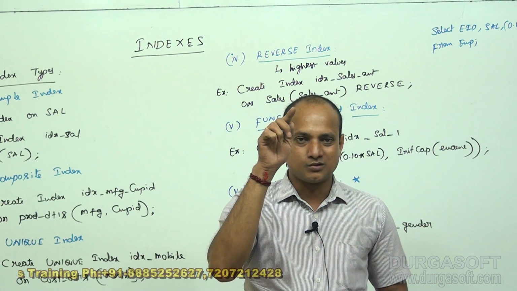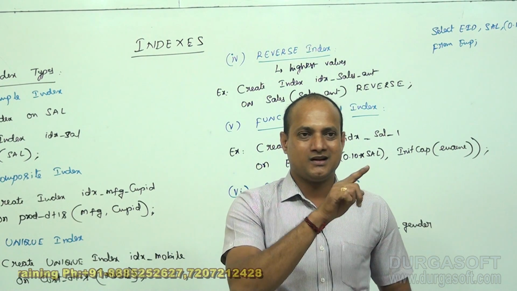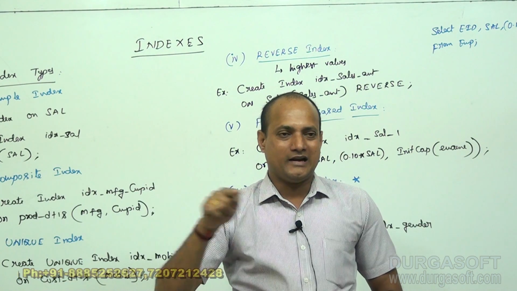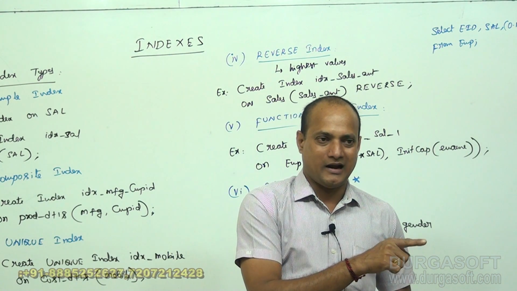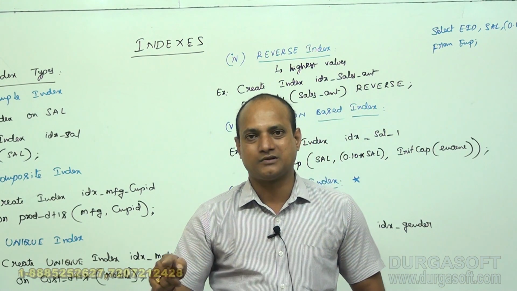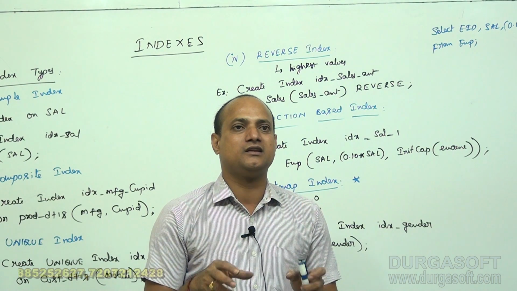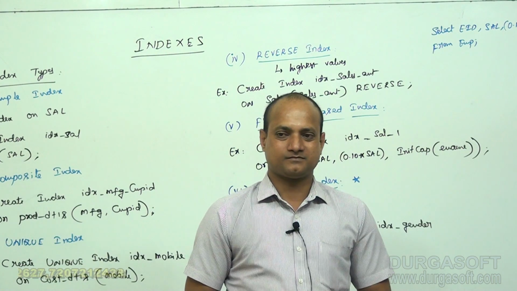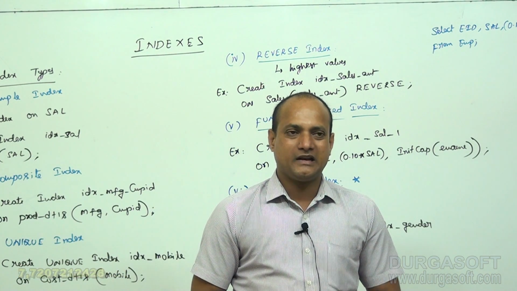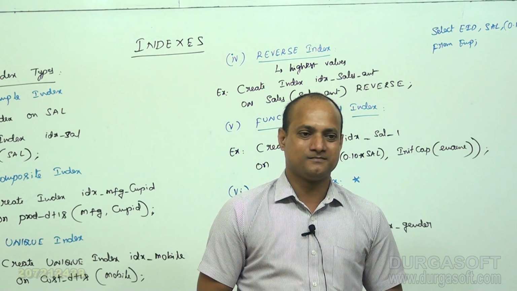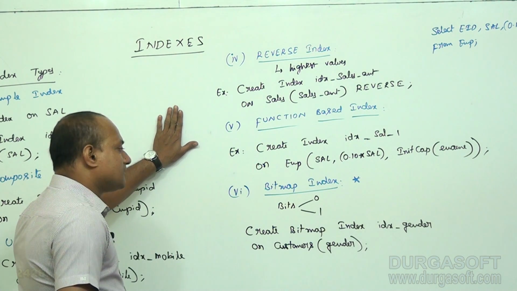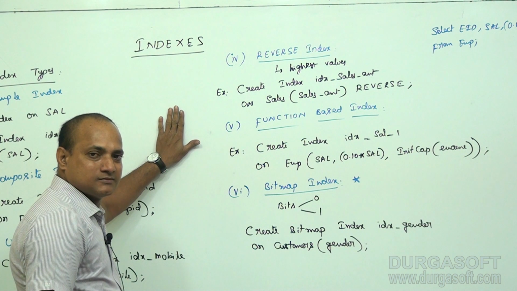Like start with the root node, go to the left node, and from left to right it has to be traversed. And again go to the left node, and then it has to traverse from left to right. This is the general searching criteria of an index. Okay, every index is a B-tree index, remember. So these are the general types of indexes.